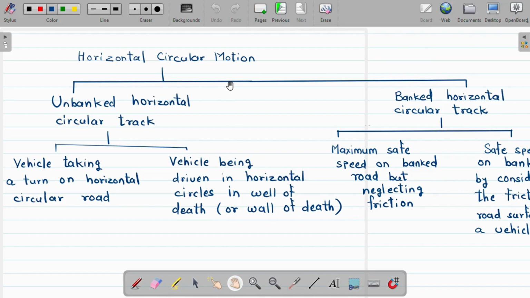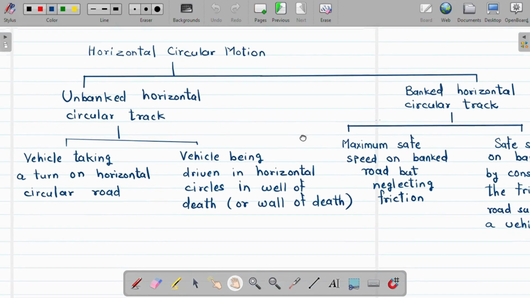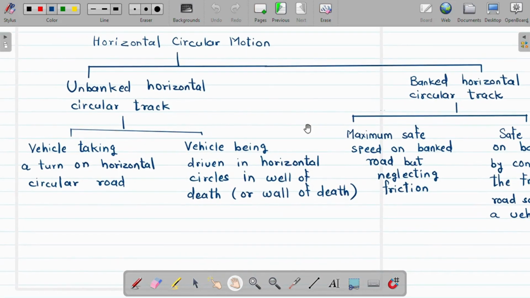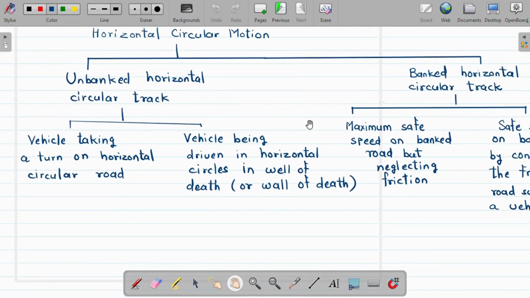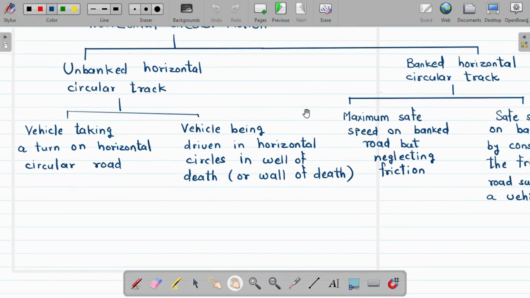I classify this into two types: an unbanked horizontal circular track and a banked horizontal circular track. It will simplify your job to remember or learn these topics and the important derivations based on them. So first, let us see the unbanked horizontal circular track.